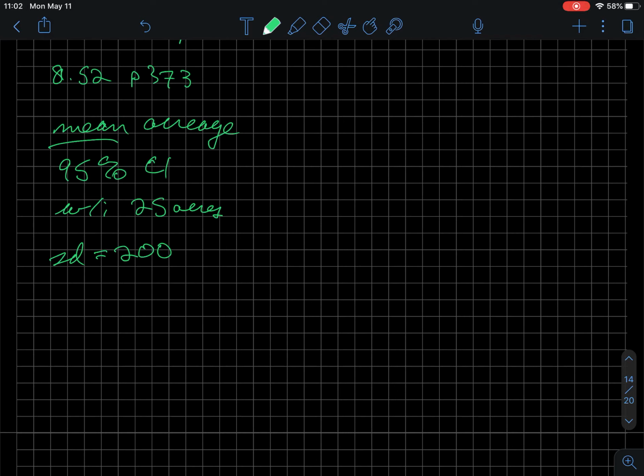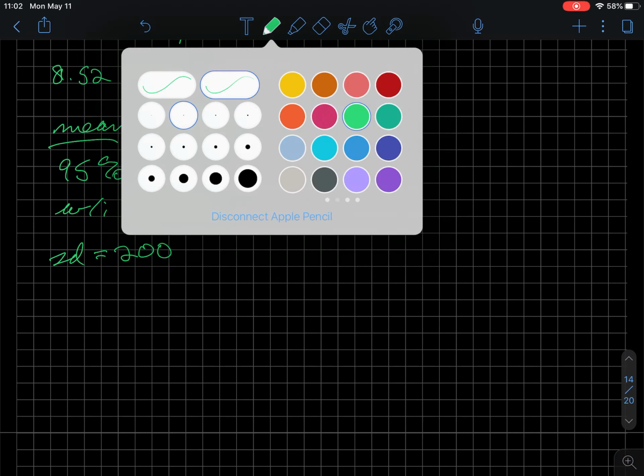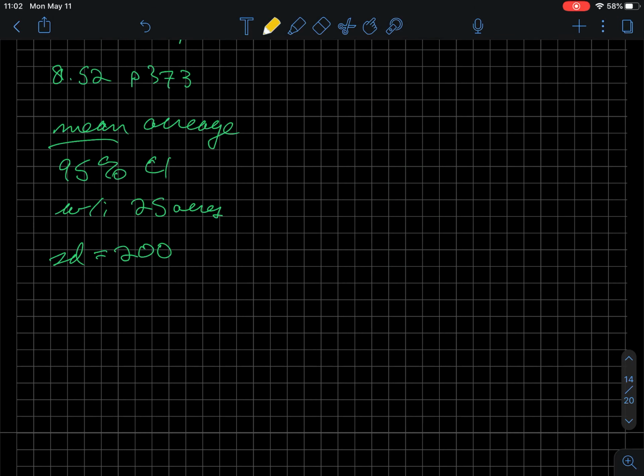For this particular problem, we're using a different formula. Because we're looking at a mean, the formula is n equals sigma squared times z squared divided by the margin of error squared.